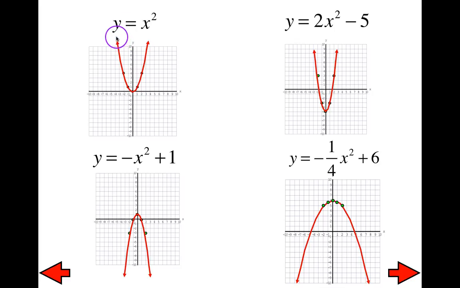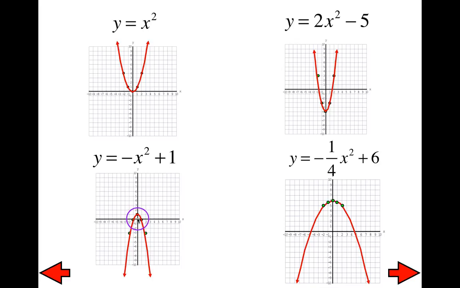If I were to read this graph from left to right, it's going up, which is why that's positive. Now this looks almost identical to this, except it's upside down. I wonder why. Well, if I were to read this graph, it is going down, which is why it's a negative coefficient here. Notice this one touches the origin, this one does not.